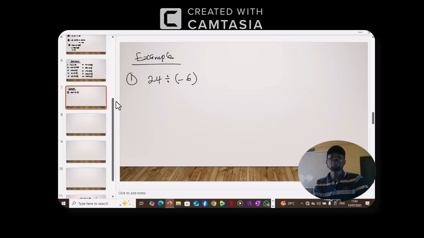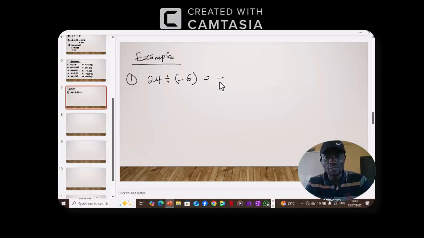Because 24 is positive and 6 is negative, your answer must be negative. Write that negative first. So when you divide 24 by minus 6, your answer must be negative.